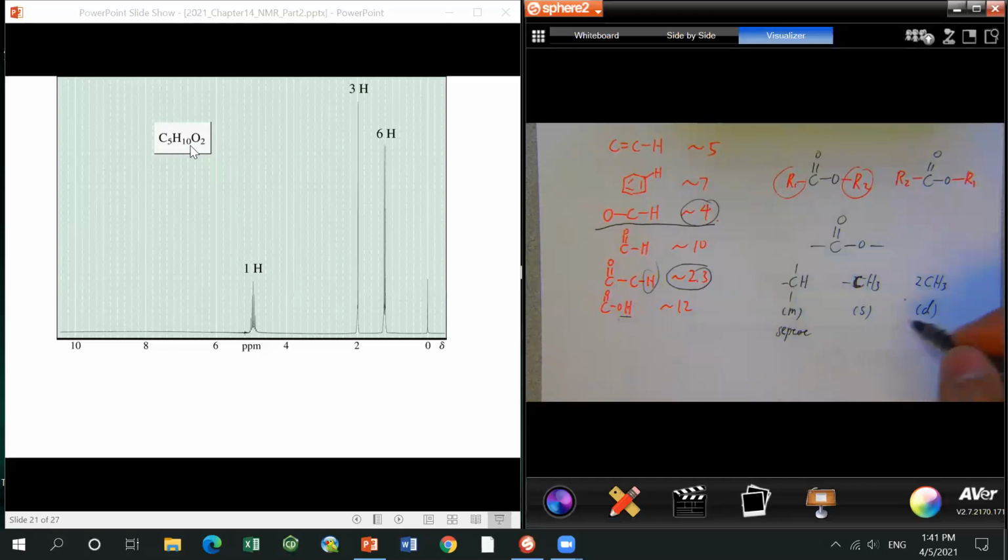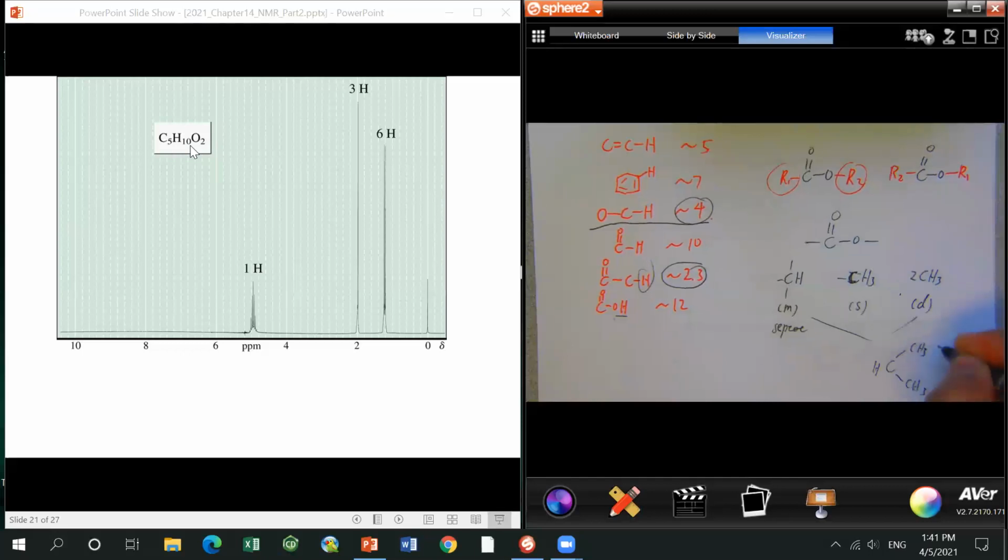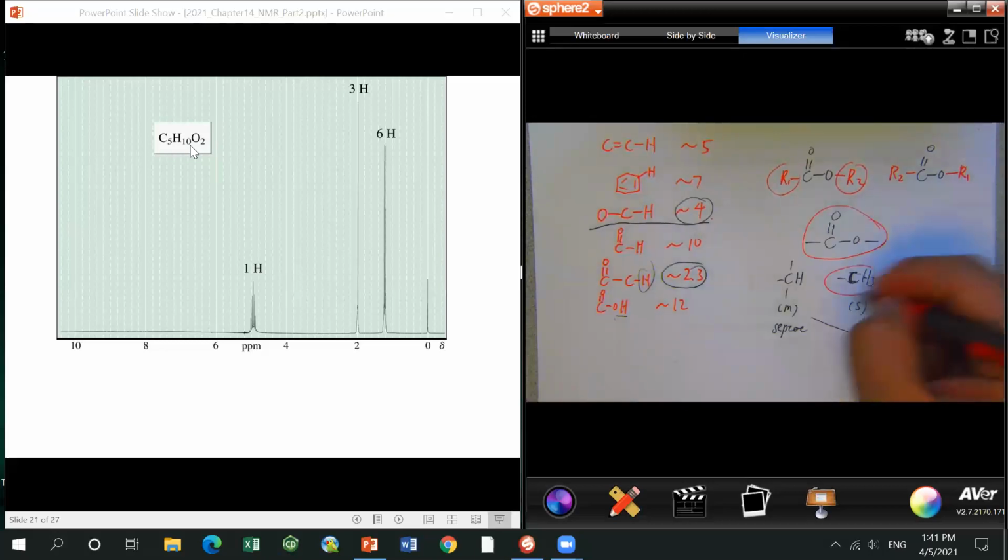So we can merge these three fragments like this, the two doublets and the septet. Now we have shrunk it to three fragments.